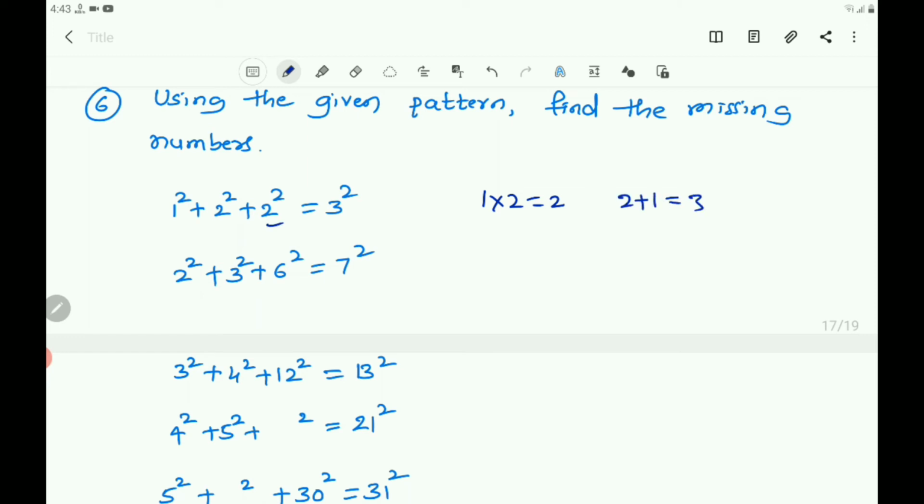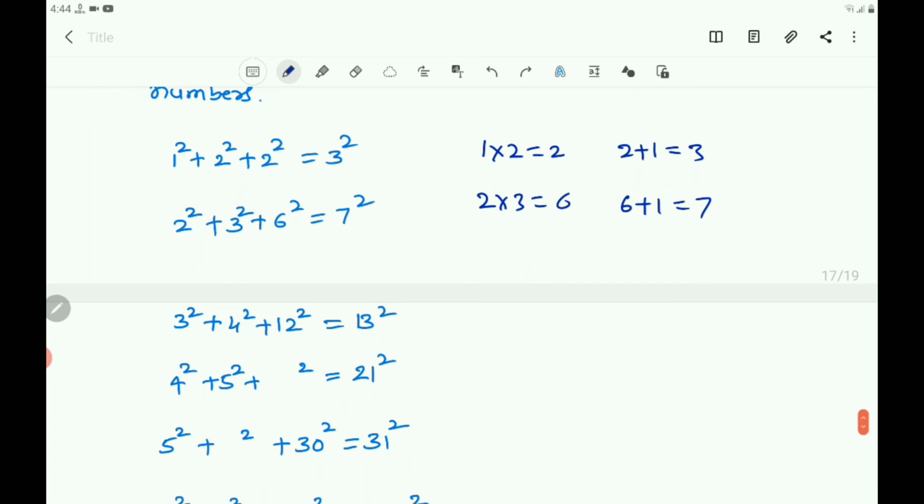Next 2 3s are 6, that is 2 into 3, 6, plus 1, 7 in the RHS. Next one, 3 4s are 12. 3 into 4 equals 12, and 12 plus 1, 13 you got.